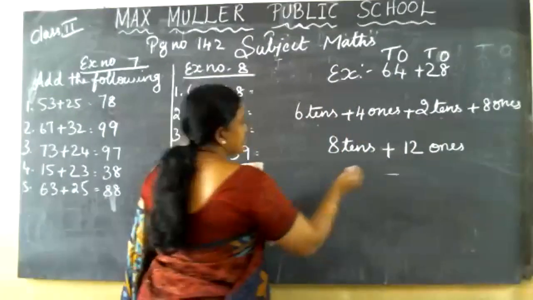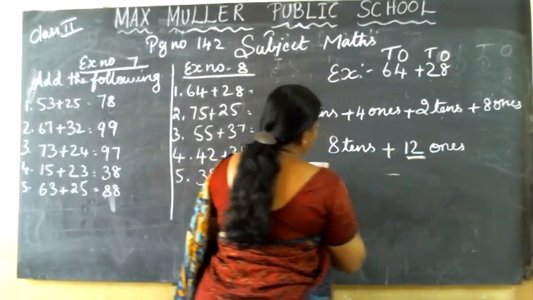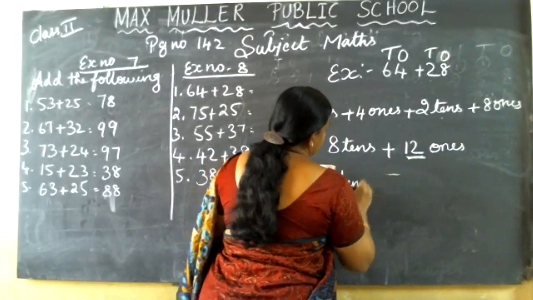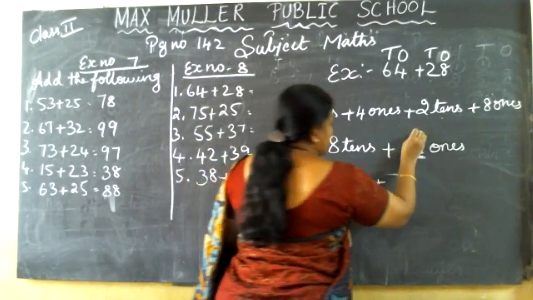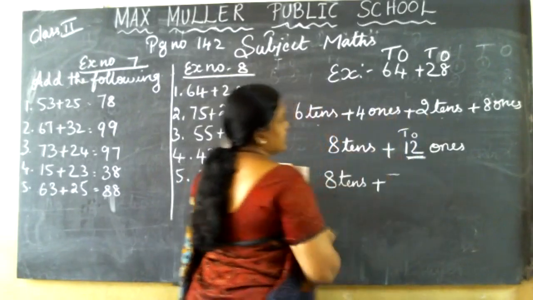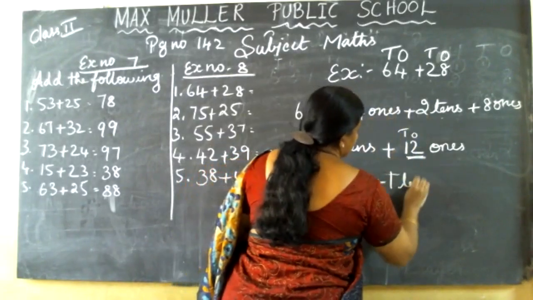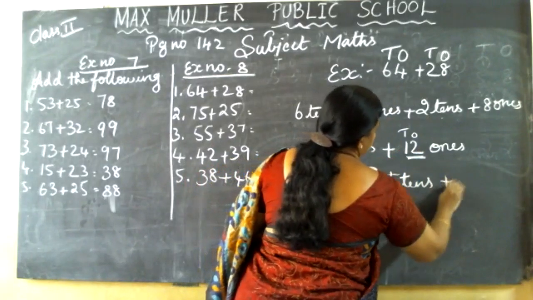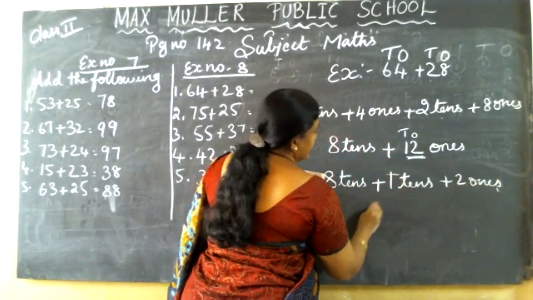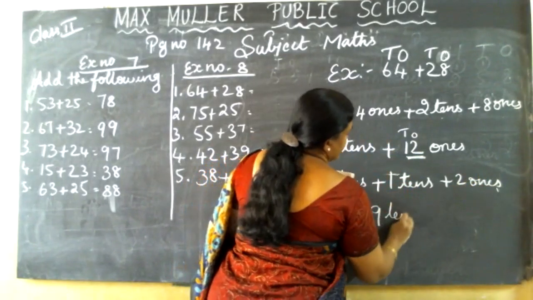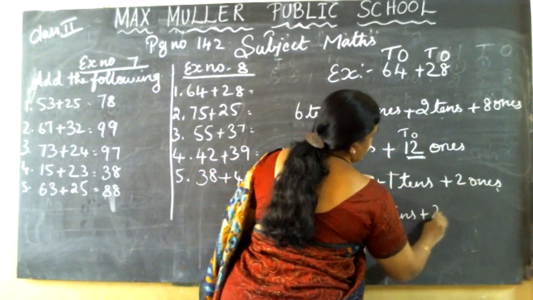Now here, see, 12 is a 2-digit number, no? So 8 tens plus, in 12, 2-digit is there. So this is ones, this is tens. Now here 1 ten plus 2 ones. Now 8 plus 1, 9 tens plus 2 ones.